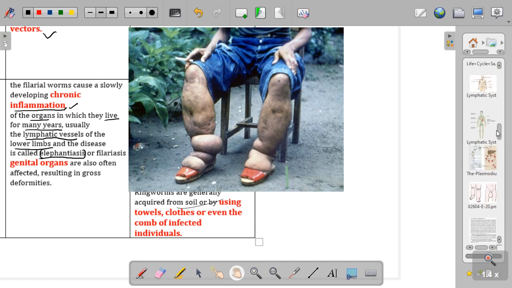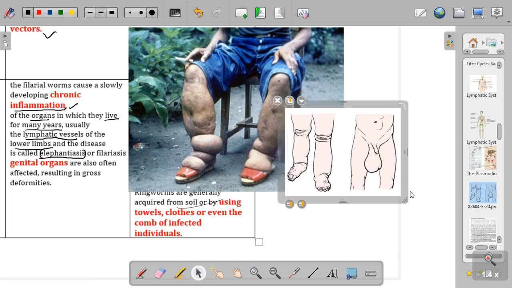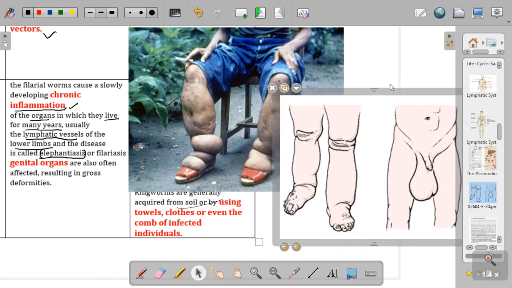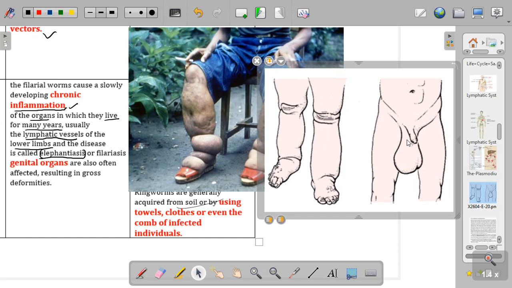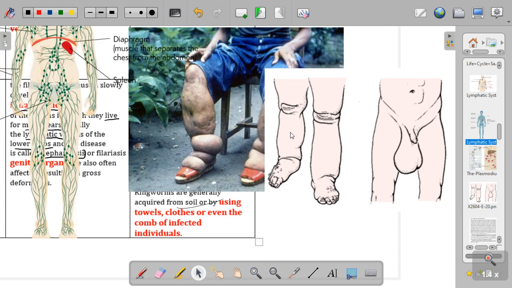Even the scrotal sacs, because the lymphatic vessels are located here, you see the legs and the scrotal sac even swell. That's why it's inflammation. Try to understand this picture right over here.